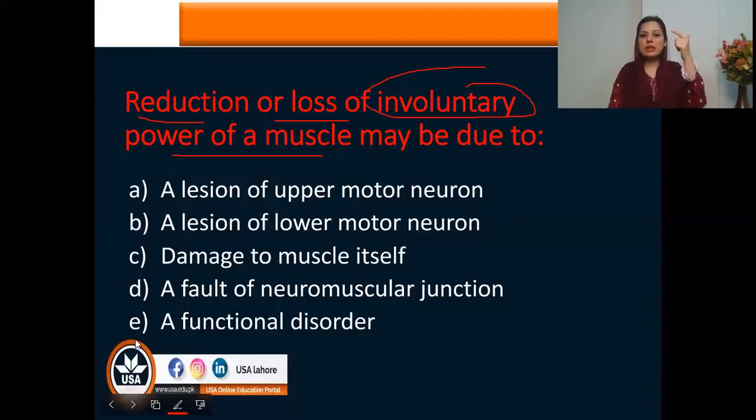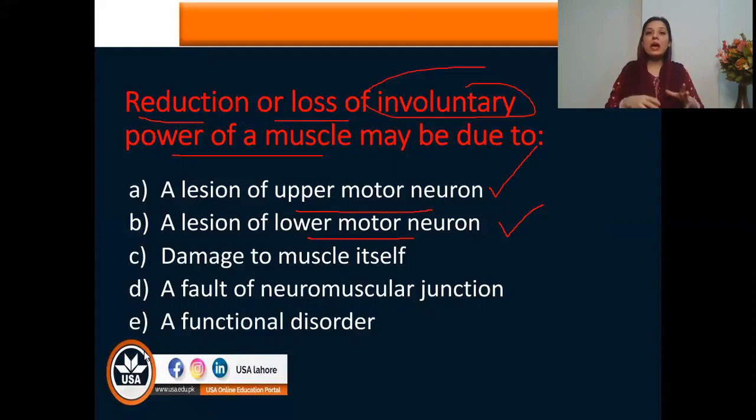Moving towards each point in detail, we are going to discuss what lower motor neurons and upper motor neurons are, what the possible lesions of the upper motor neurons and of the lower motor neurons are, what their signs and symptoms are, and how we can assess them using electrical currents.